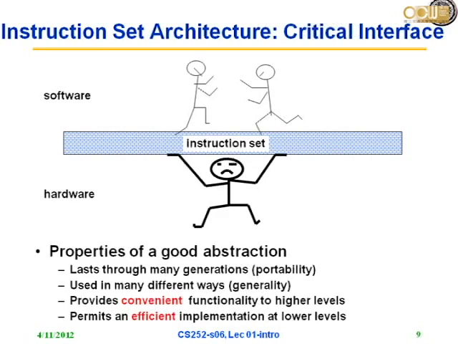Okay, so instruction set architecture, properties of good abstraction. Any abstraction layer, like the application programming layer, a good abstraction of that layer should last through many generations. In other words, portability.